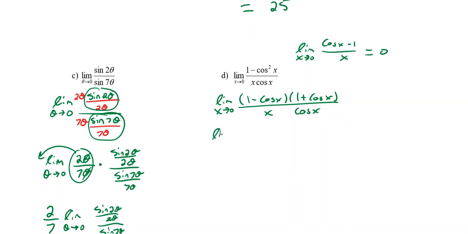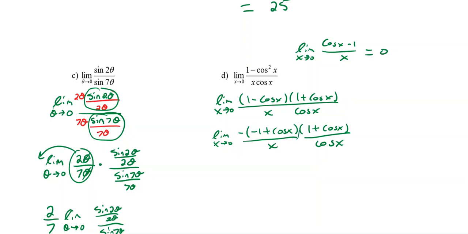So this would be the limit as x approaches 0 of negative, and then that would be negative 1 plus cos x, and then 1 plus cos x. I'm going to write this first part over x, and the second part just over cos x. We'll just split it up right now.